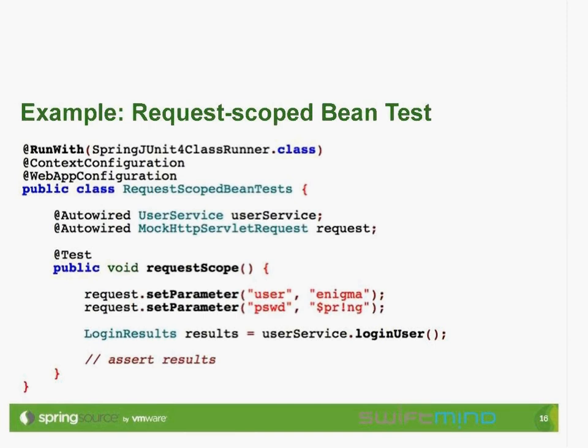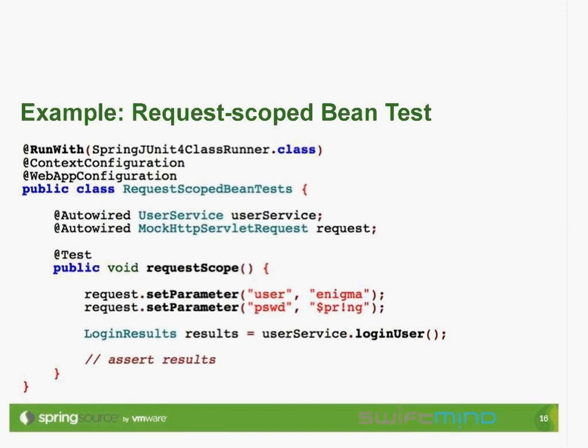So we know that a web application context will be loaded for this integration test, and we can inject beans from that context, as well as, for example, the mock request, which we see here. So we have @Autowired UserService, which is our subject under test, basically the component we're trying to test. And as we'll see in the next slide, this user service has a dependency on a request scoped bean. So in order to test the user service properly, we need to make sure that the request scope bean is properly configured for the current request.